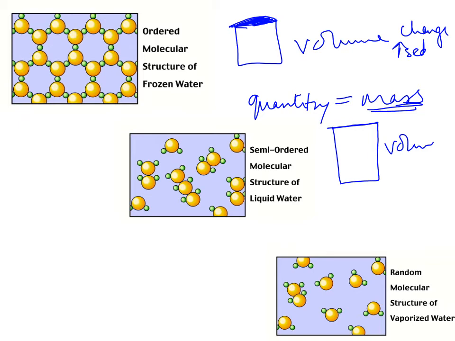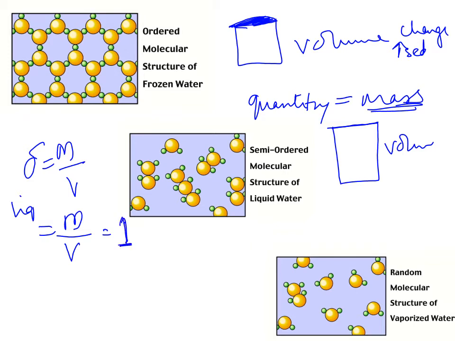Now, density is mass upon volume. So the mass has stayed the same. With respect to a liquid, mass and volume gives you a certain value, say 1 in this case. Whereas frozen ice, the mass is the same, but the volume has increased.